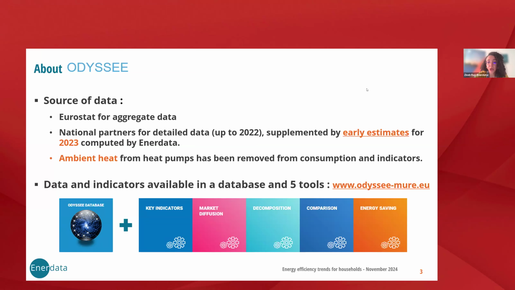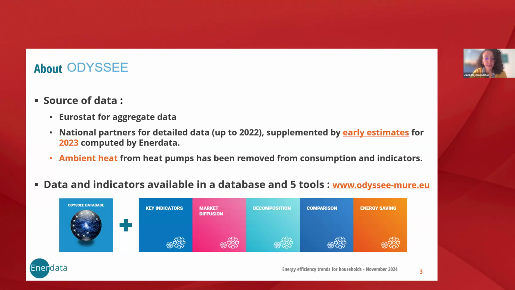And we also provided early estimates for data and indicators for 2023, which are calculated by Enerdata. Just a note that for consumption indicators and more advanced indicators, ambient heat has been removed from consumption. Bruno will explain later why this was important for us to do, as it overestimates the consumption for the sector if we keep ambient heat.